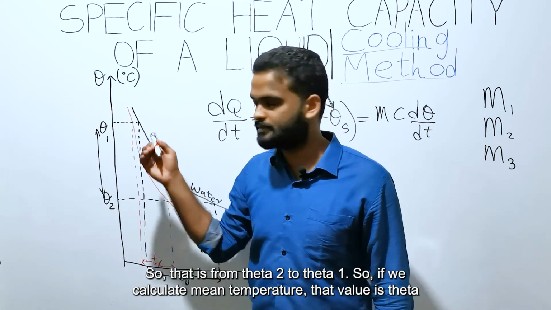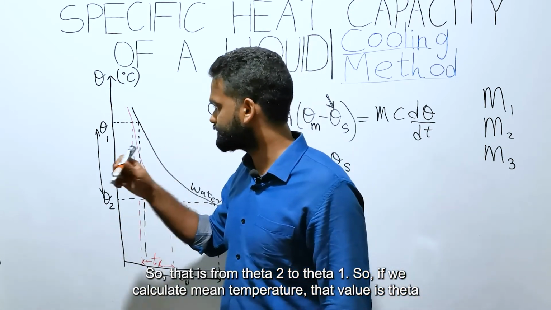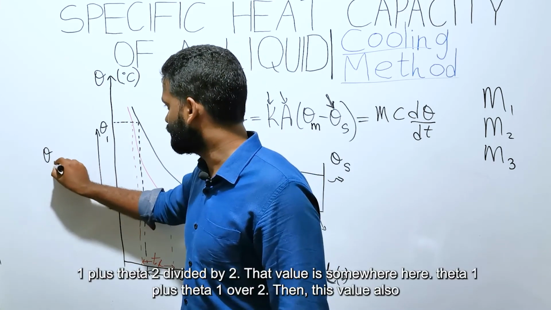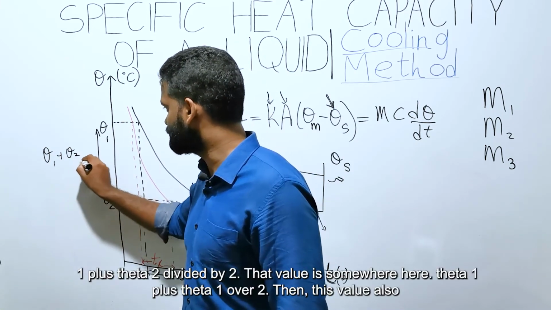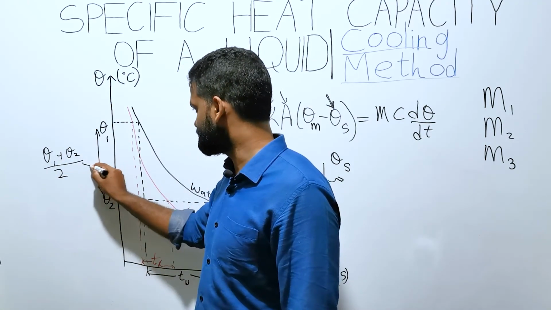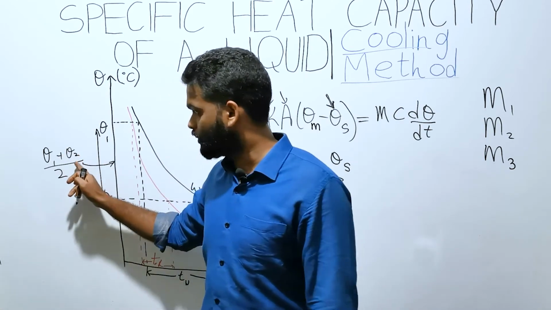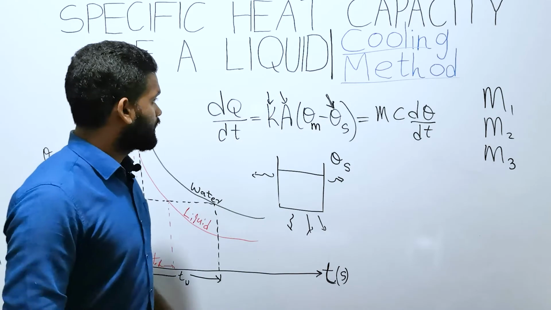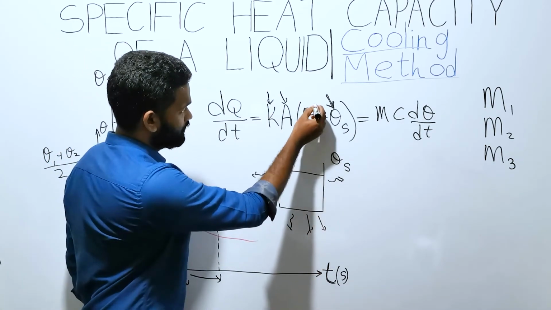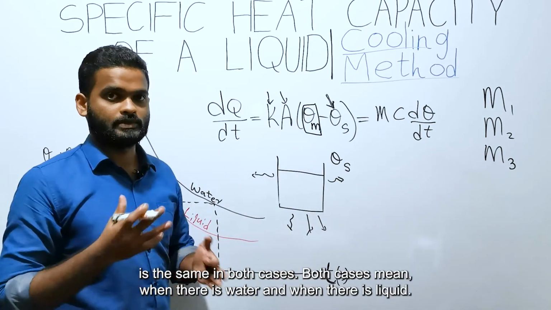That is from theta 2 to theta 1. So if we calculate the mean temperature, the value is (theta 1 plus theta 2) divided by 2. The value could somewhere be here. Theta 1 plus theta 2 over 2. Then this value also is the same in both cases.